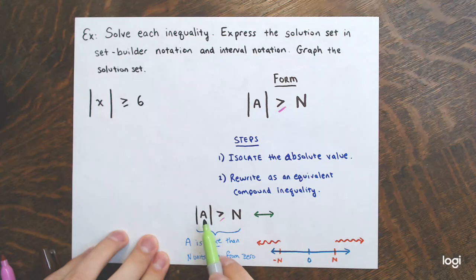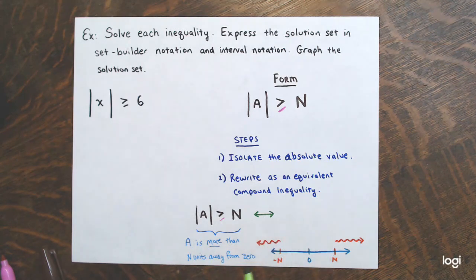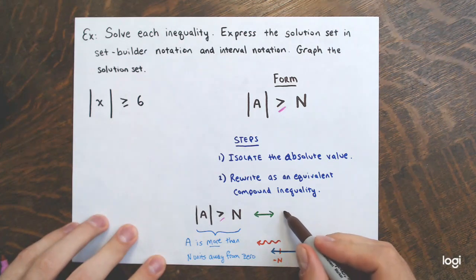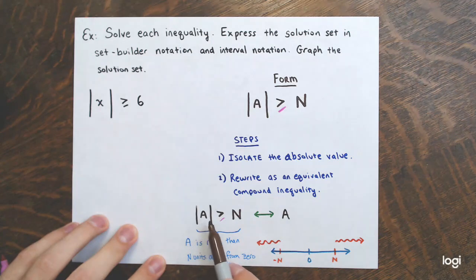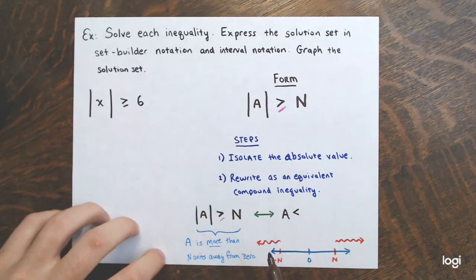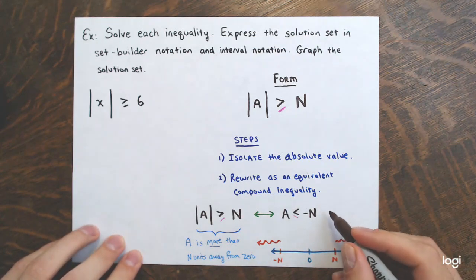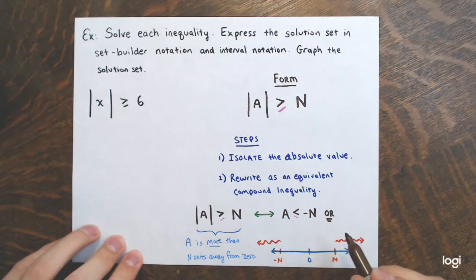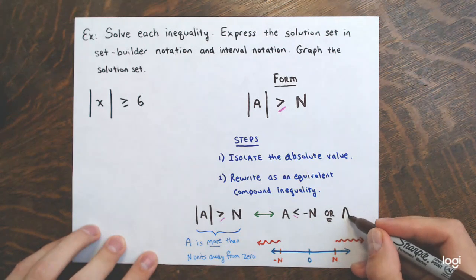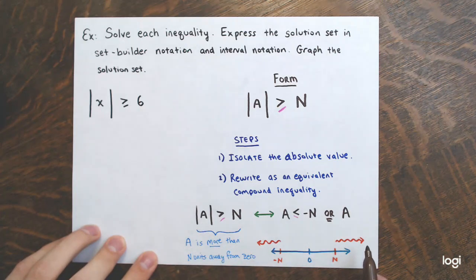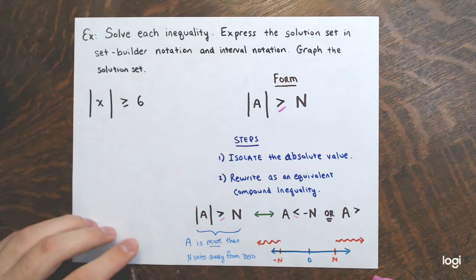So this statement saying that the absolute value of a is greater than n, or greater than or equal to n, is equivalent to saying that, and again, look at this picture, a, this number inside the absolute value symbol, is left of negative n, so it is either less than, I know it's weird with the change in symbol, but either a is less than or equal to the opposite of n, or, big word here, or, the number a inside here is one of these, to the right of n, or greater than n, or greater than or equal to n.